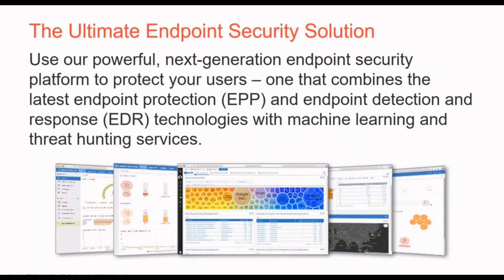Mainly it's providing you with multiple components in one. We have AD360, which is going to provide you with endpoint protection, which is your antivirus, and endpoint detection and response, which is the EDR technology with machine learning and threat hunting services under one dashboard.